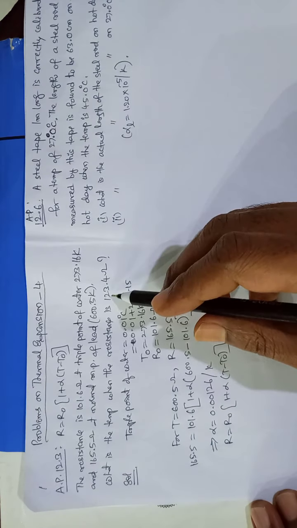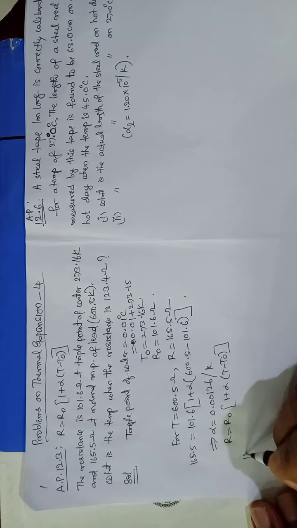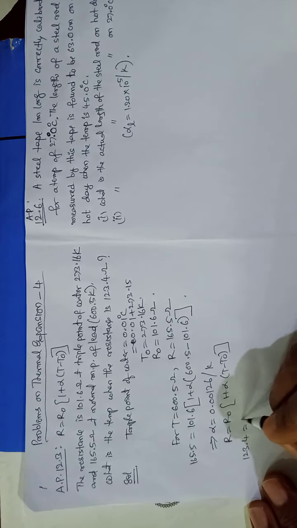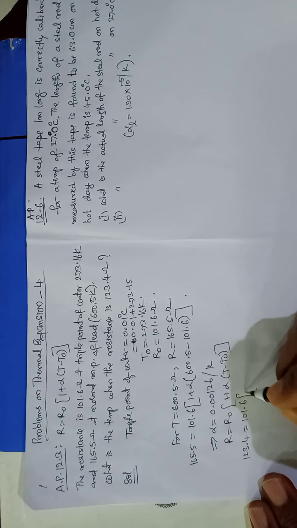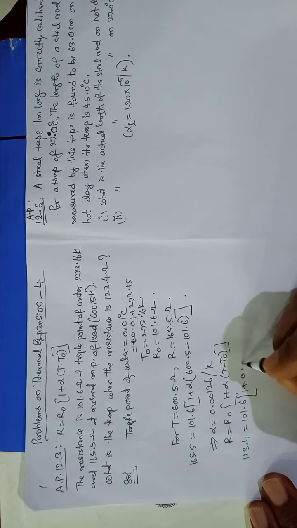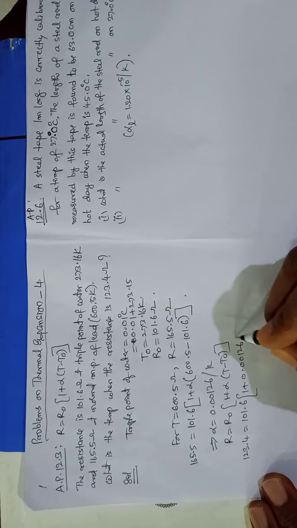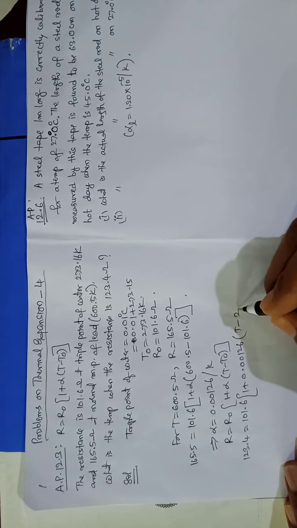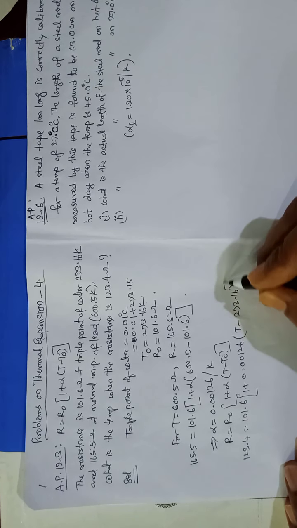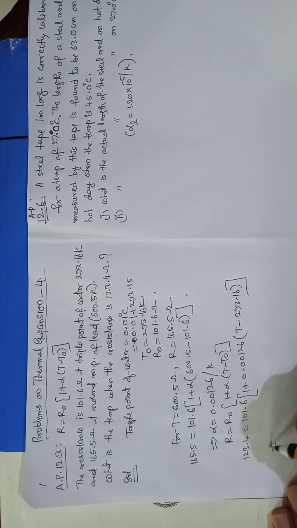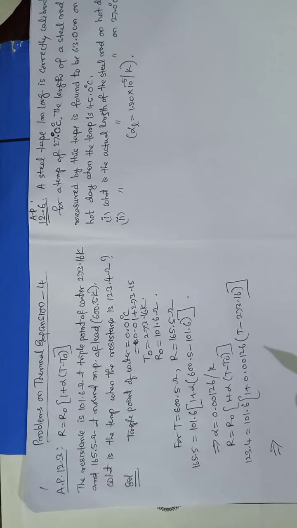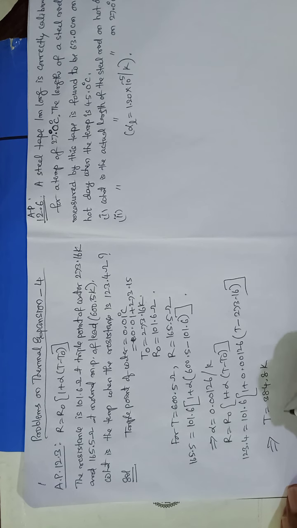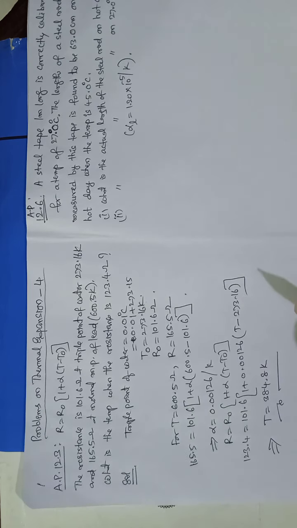So here resistance is given, R0 is known, alpha value is known, T temperature we have to find out, T0 is 273.16. From this we get the temperature as this much.